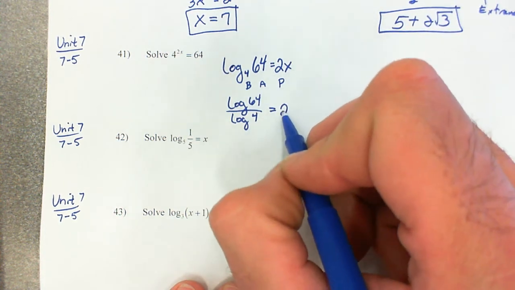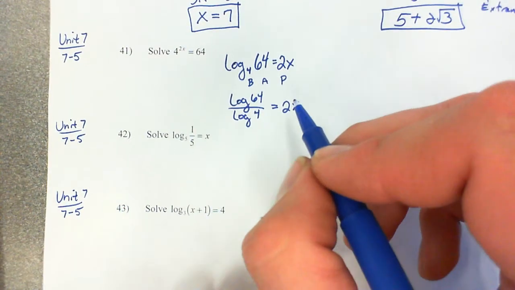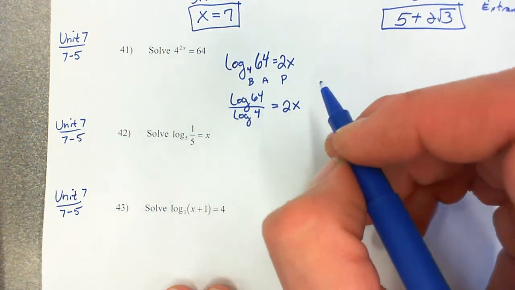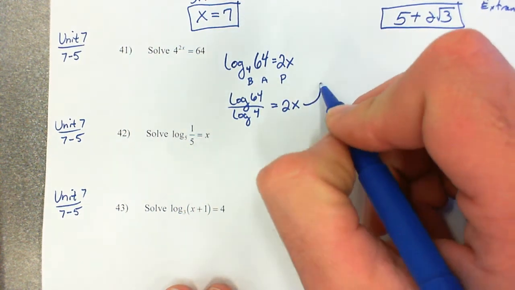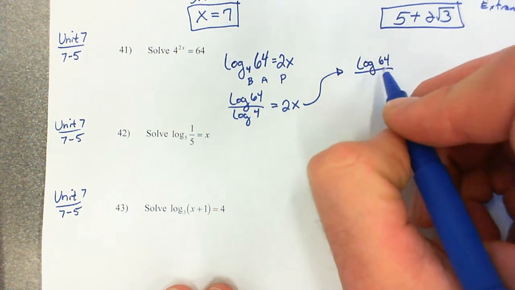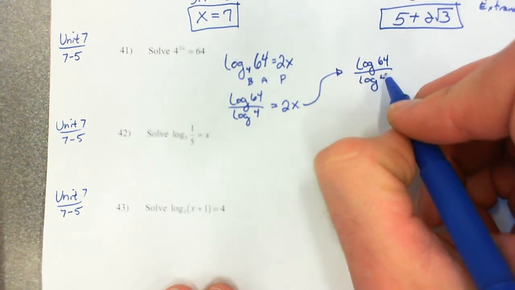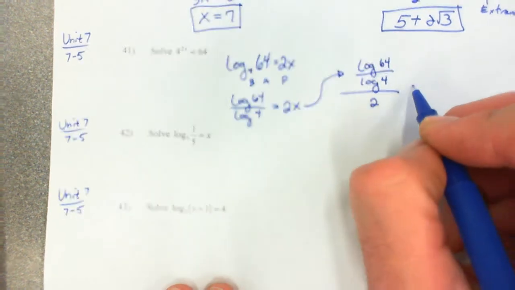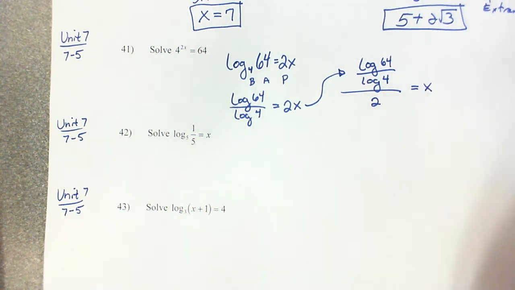That's going to equal 2x. Then whatever you get for this, you are going to divide by 2. So we take the log of 64 divided by the log of 4, then divide this whole thing by 2, and that's what x is going to equal.